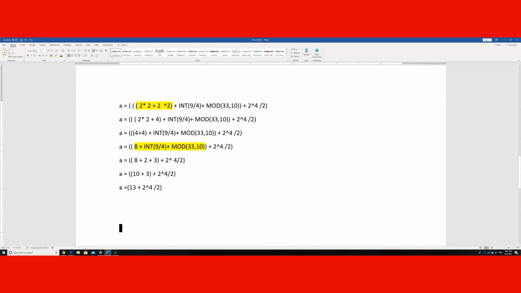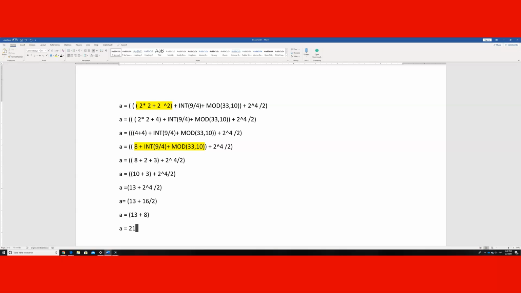First of all, I have to raise the 2 to the 4th power, which is 16. There we go, 13 plus 16 divided by 2. And now the division before the addition. So we're going to say here 13 plus 8. And the final result is going to be 21.